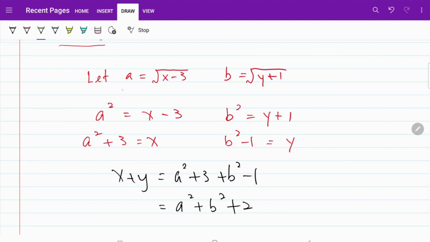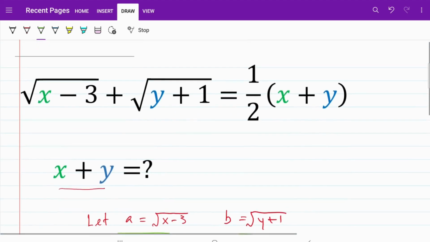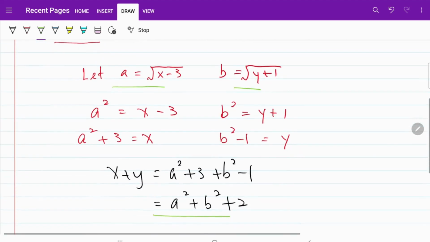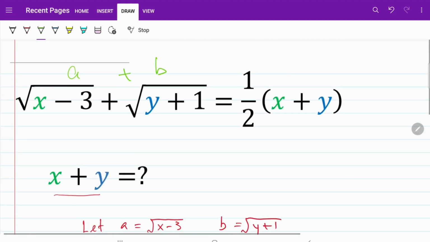I'm going to make use of these three equations that I have established, and I'm going to substitute them back into the original equation. In other words, I'm going to express the original equation in terms of a and b. So what I have is a plus b is equal to half of a squared plus b squared plus 2.